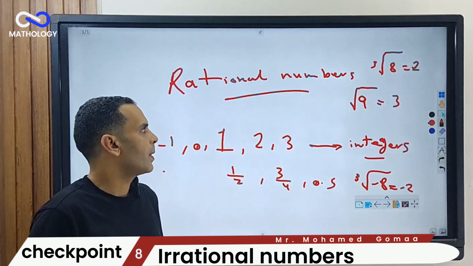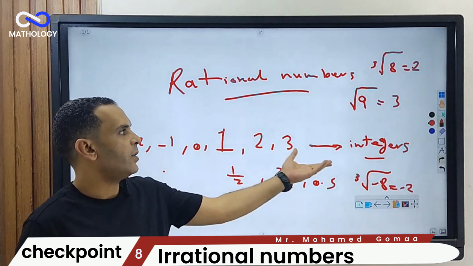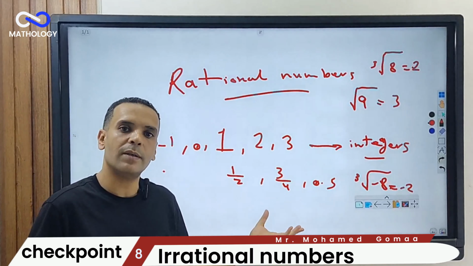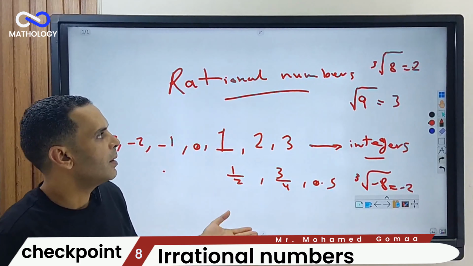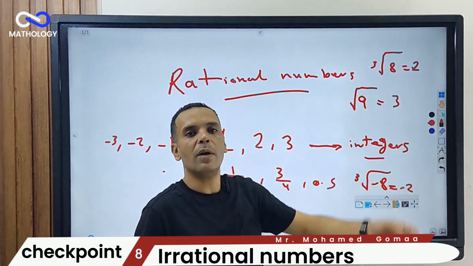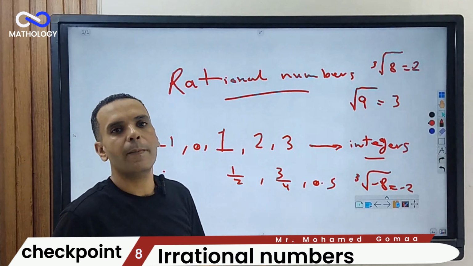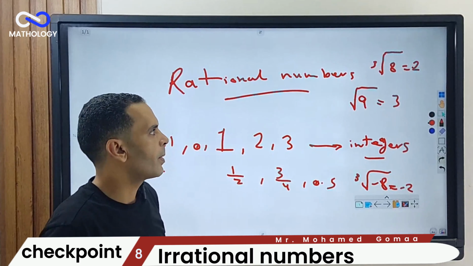That means rational contains all the integers, all the fractions, all the decimals, and the square root of square numbers, and the cube root of the cube numbers. All of these numbers are called rational numbers.